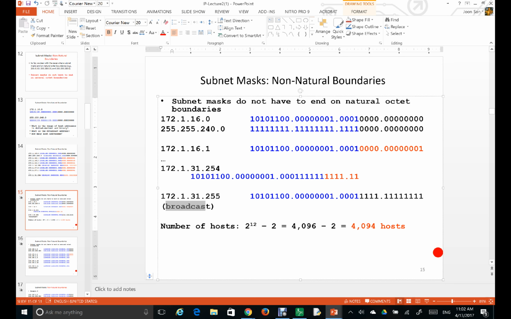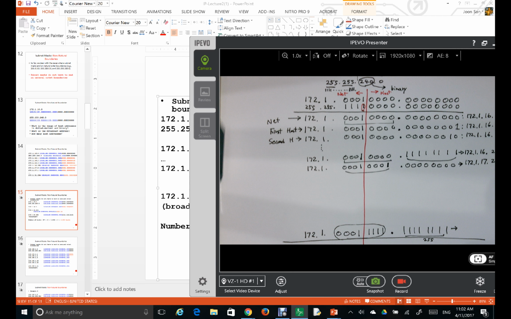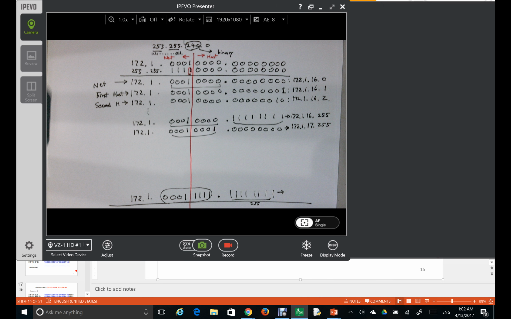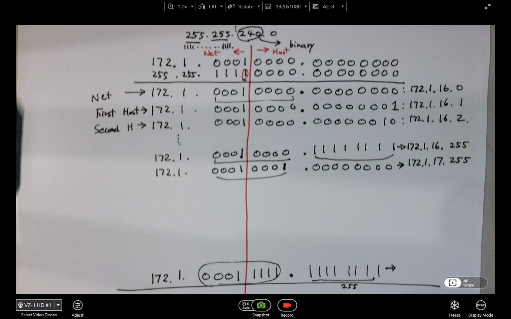If you just convert this, then it's going to be this one. It's a 31. So assuming that you do the calculation, I'm going to skip that part. I believe that now you can convert this to a decimal number.